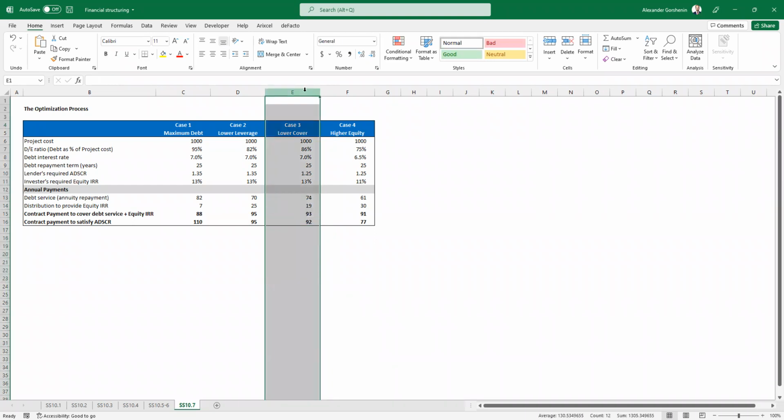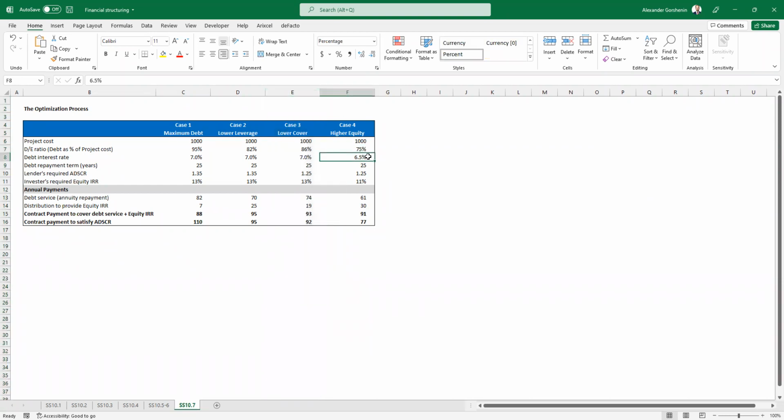what comes next? Case 4 assumes that the investors are willing to provide more equity and also to reduce their required equity IRR. Similarly, the debt interest rate is reduced to 6.5, reflecting the lower risk now if we provide more equity. So more equity investment, lower interest rate.